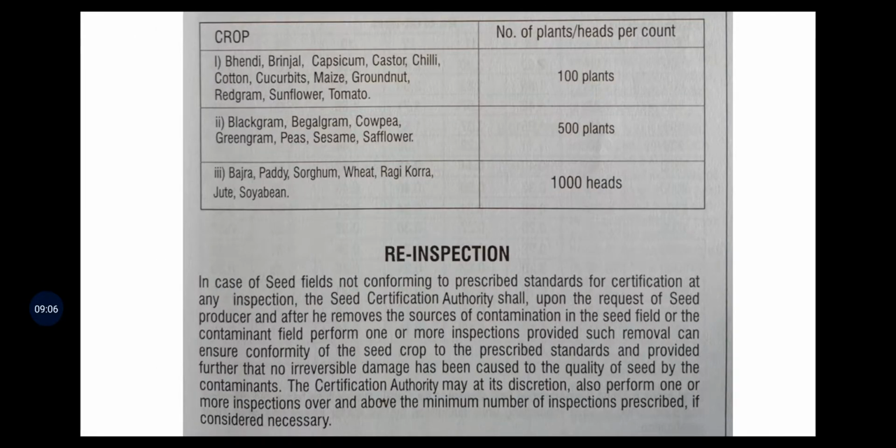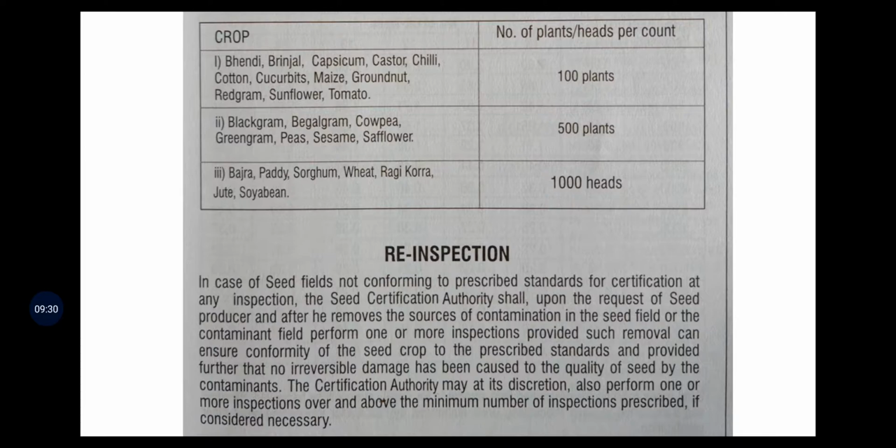So we were discussing the number of plants which are required for counts in different crops. For bhindi, brinjal, capsicum, castor, chili, cotton, cucurbits, maize, groundnut, red gram, sunflower, and tomato, the number of plants per count should be 100.